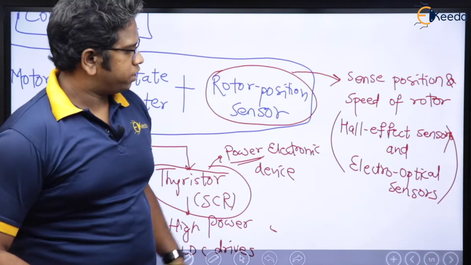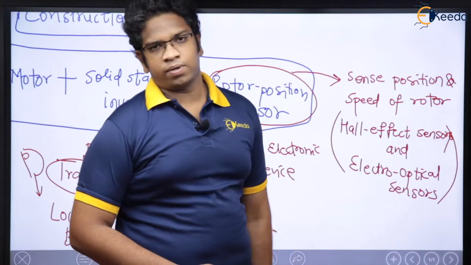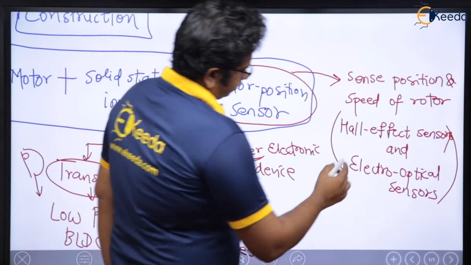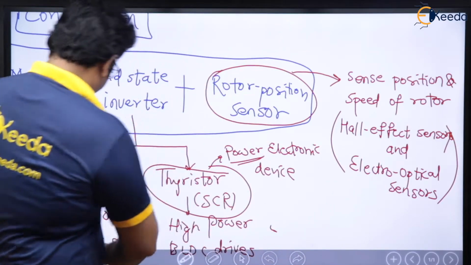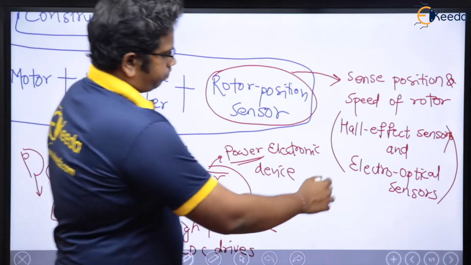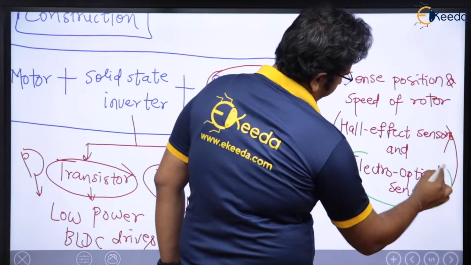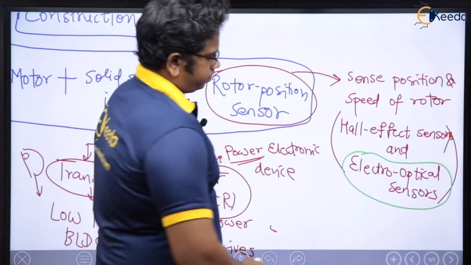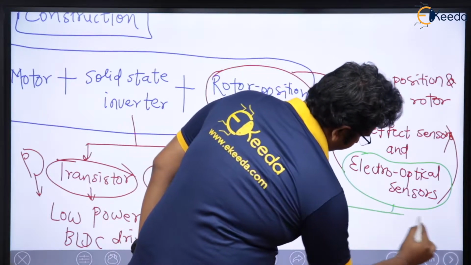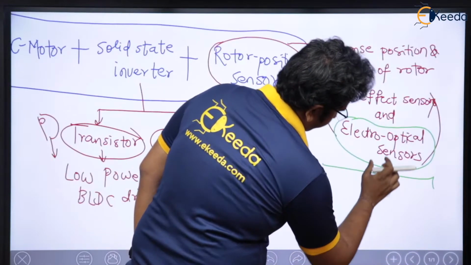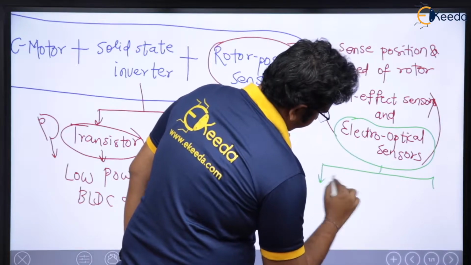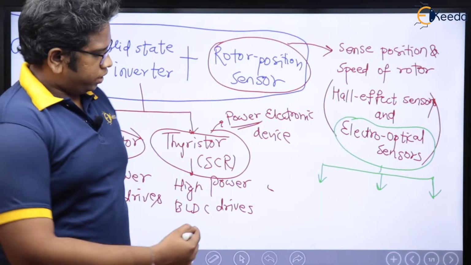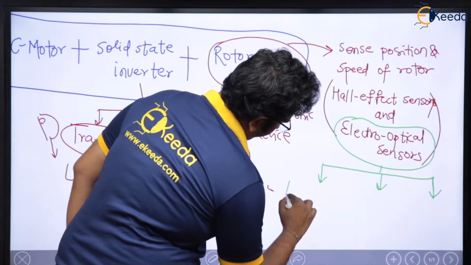Getting my point, right? Either Hall effect sensors or electro-optical sensors. If you think of these electro-optical sensors, inside them they have three components. What is that? It has something called an LED, light emitting diode.